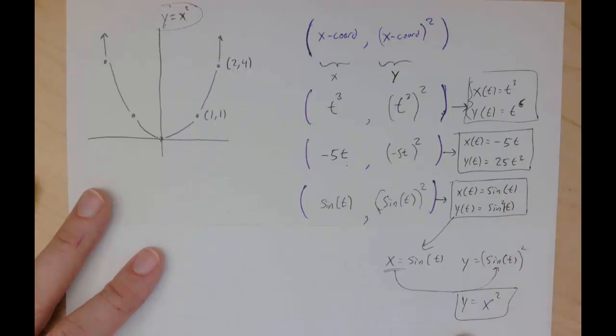So now I've gone both directions. I chose an arbitrary function to describe my x-coordinate, and then I said my y-coordinate should be whatever that was squared. And then I combined them back together again by substituting x in for the function that x was calculated with.